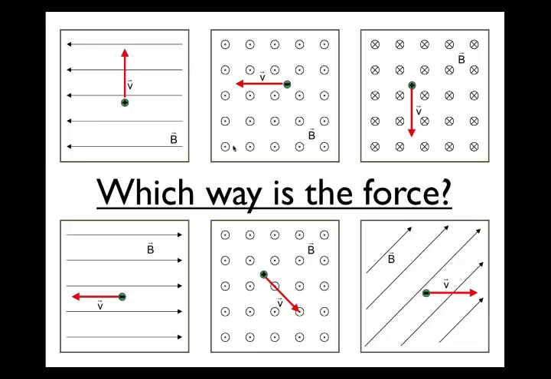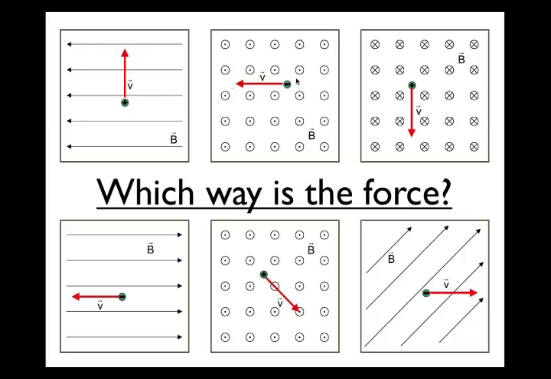Here are vectors that represent a magnetic field pointing out of the page. So I have a particle moving to the left. If I orient the fingers on my right hand toward the left of the screen and then twist my hand around so that I can curl the fingers of my right hand so that they're pointing toward me or out of the screen, my thumb is pointing in the upward direction.